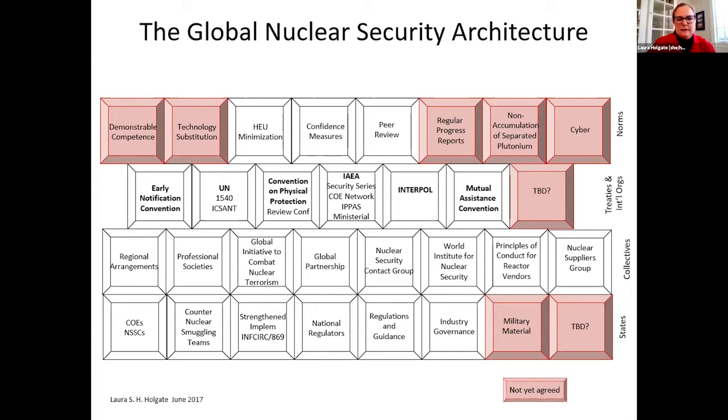As I've evolved this chart, we've also added the Convention on Early Notification of a Nuclear Accident, as well as the Convention on Assistance in the Case of a Nuclear Accident, because whether it's radiological material or fissile material, that will also create cross-border actions that could involve radiological contamination.